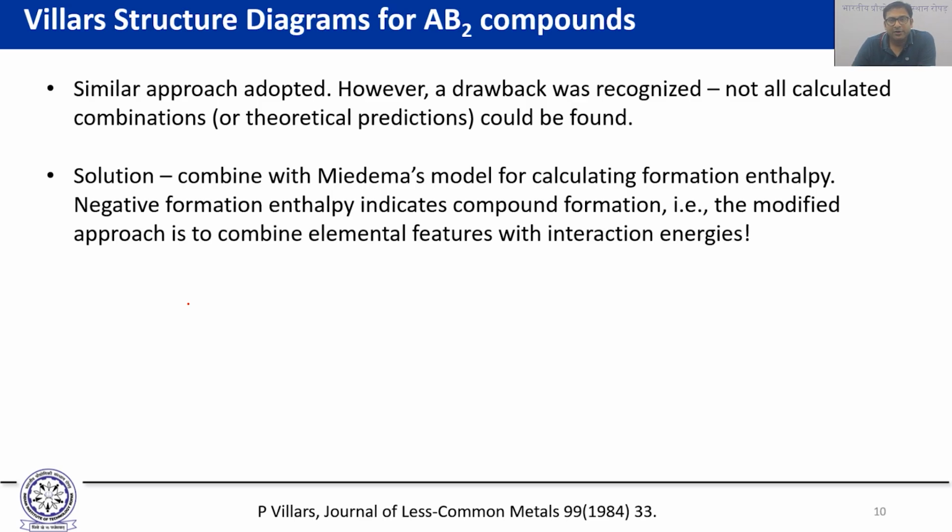So here what he thought was, if you did not have these calculated combinations or theoretical predictions through this first principles type of calculation, he would use Miedema's semi-empirical model for calculating the formation enthalpy.